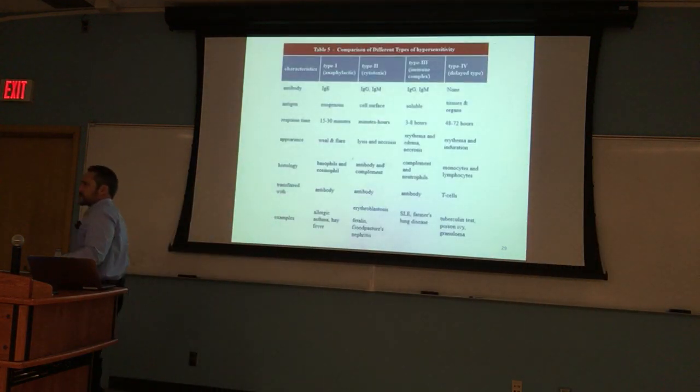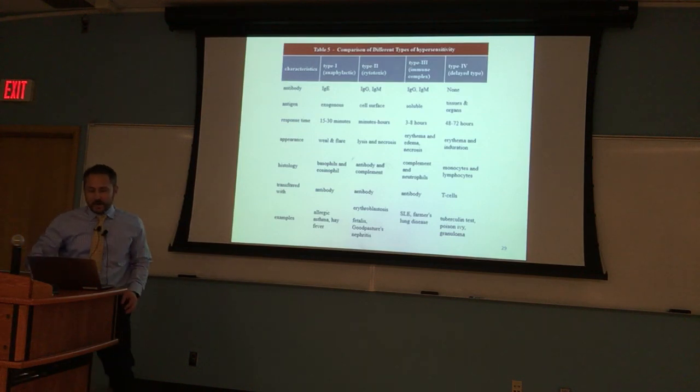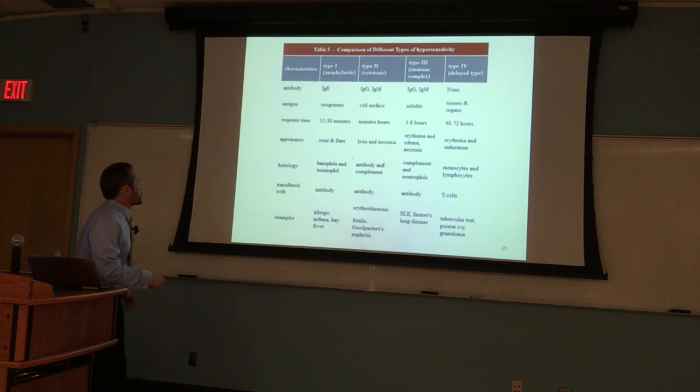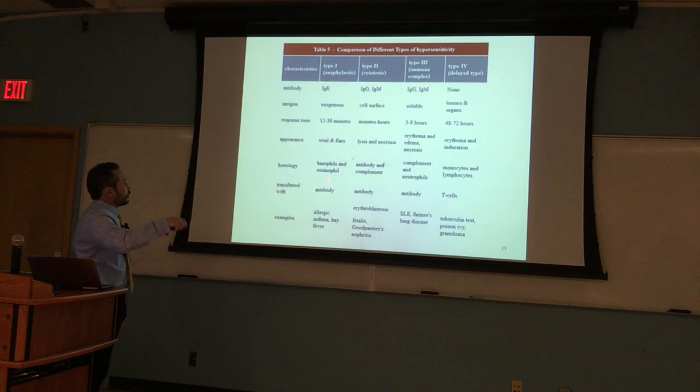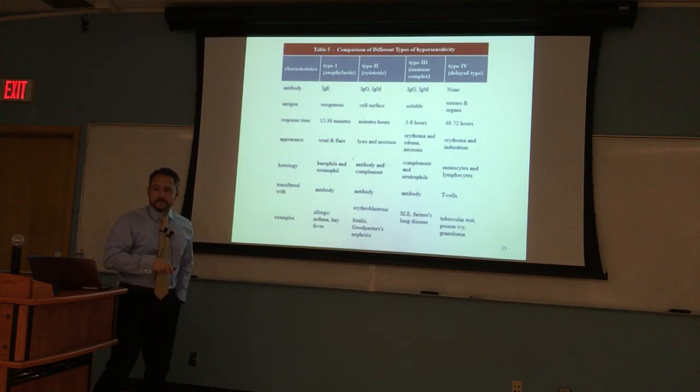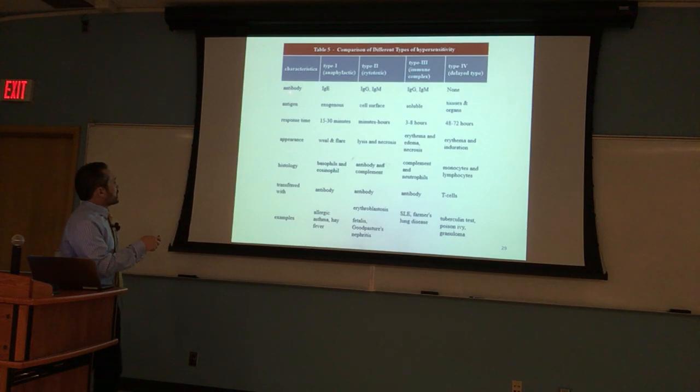Okay, this is the slide that I was talking about. This is from another source, but I think it's actually a really nice study tool. It gives you columns: type 1, type 2, type 3, and type 4. And it talks about characteristics. You can see the respective antibodies that are produced in the first 3 types.